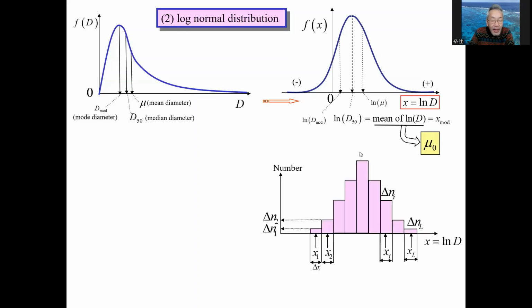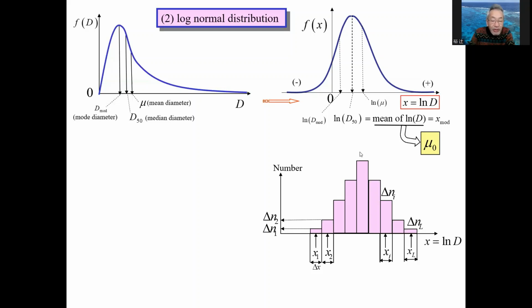Next, let's express mu0 using a probability density function f(x). Before that, consider a histogram for size distribution as we have done in part 1. Here, the case of number base is considered. The horizontal axis represents x and the vertical axis represents number.